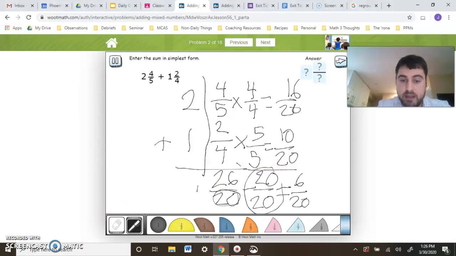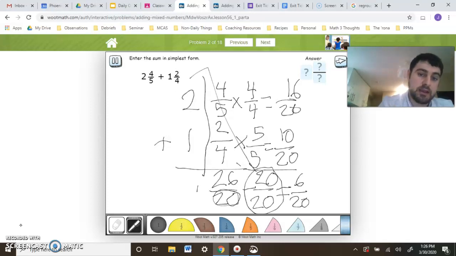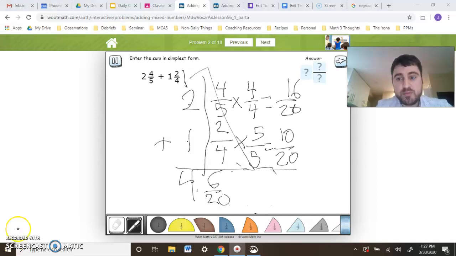Now remember that this 1 goes all the way up here, and it becomes 1 whole. And finally, we want to add this up, 1 plus 2 plus 1, which is 4, and clean everything up. And our answer is 4 and 6 over 20.